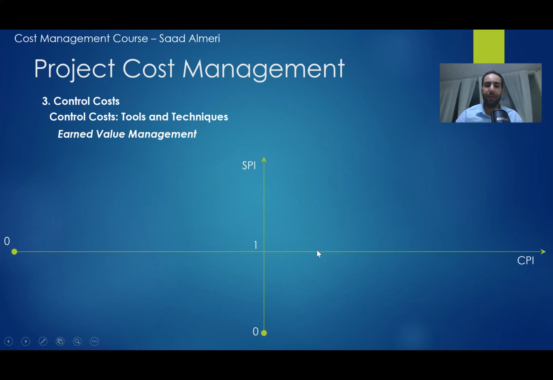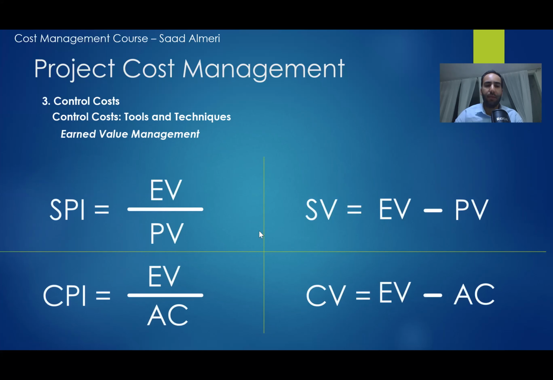If we go back to the formulas here, when the earned value is greater than the planned value, that means I am doing well compared to the schedule, and I am ahead of schedule. If the earned value is more than the actual cost, that means I am doing well, I am under budget, which is good.